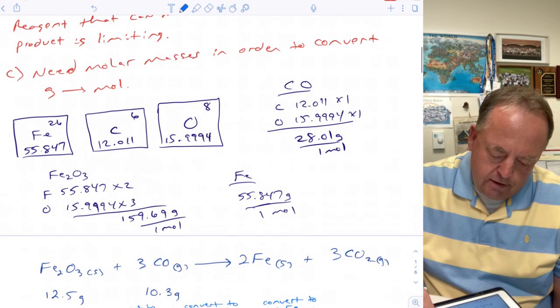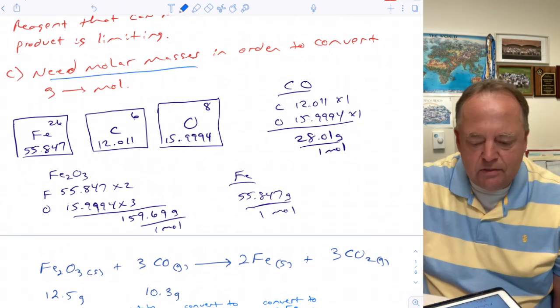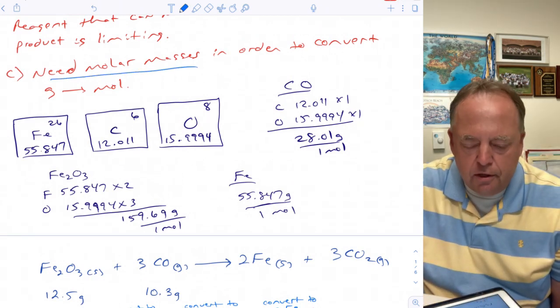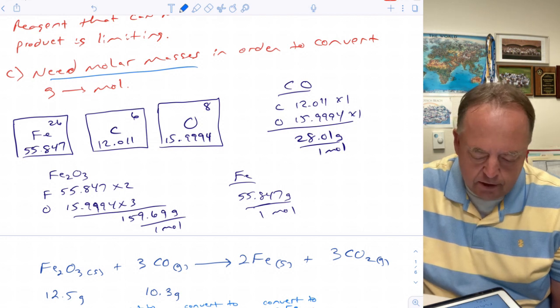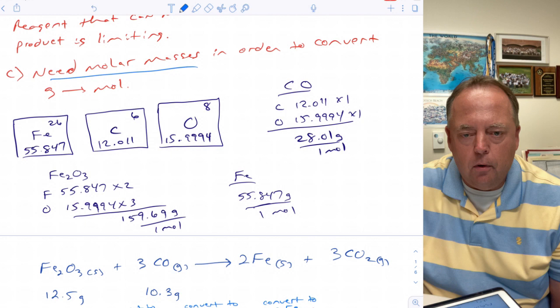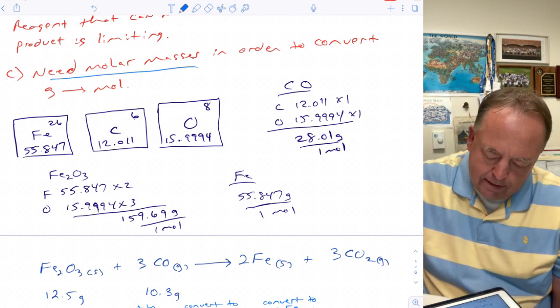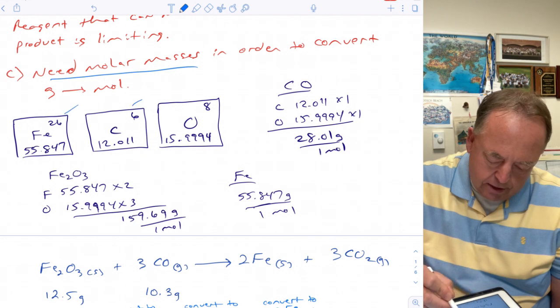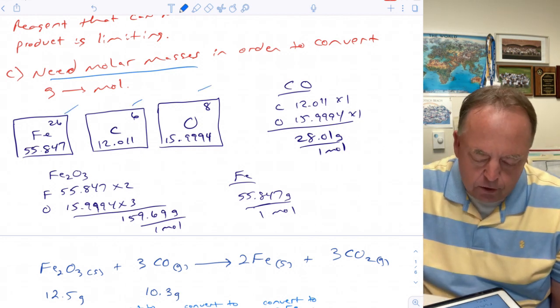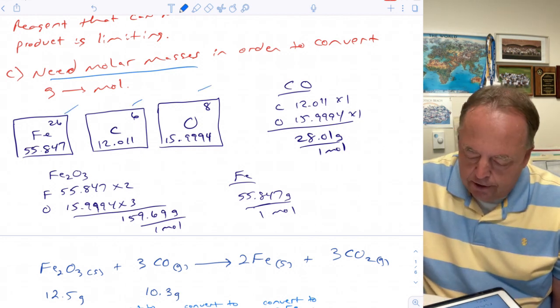Okay, so to do that, you need molar masses, because I gave you grams to start with, and you have to convert to moles. After you balance the equation, the first thing you have to do is convert grams to moles, and to do that, you need molar masses. So I've calculated the molar masses for you here. Take the periodic table entries for iron, carbon, and oxygen, and calculate your molar masses.